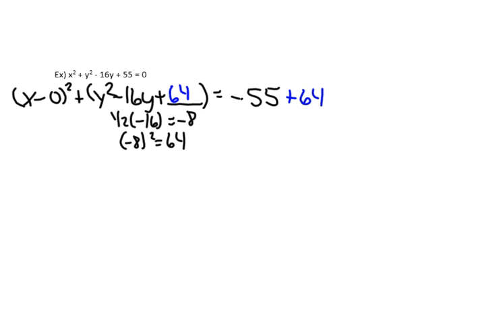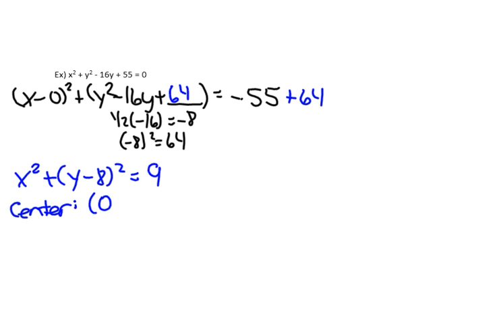So that's going to end up being, well, I'm going to rewrite this back as x squared again, plus (y minus 8) squared is equal to 9. Now that it is in standard form, it's easy to identify both the center and the radius. Well, the center is 0 and 8, and the radius is 3. Remember, that's the square root of 9.